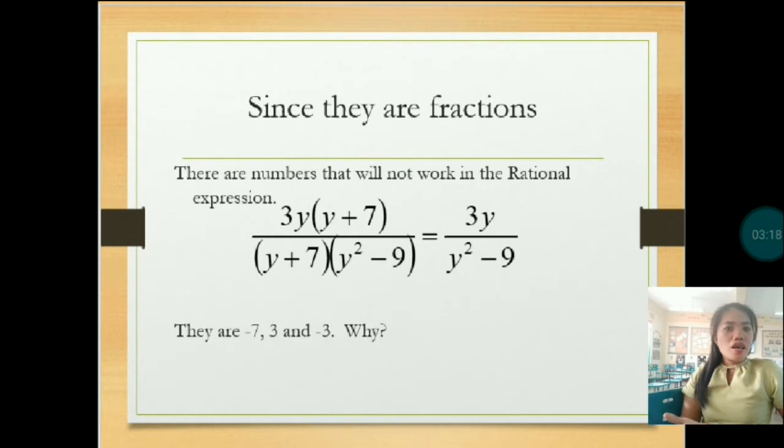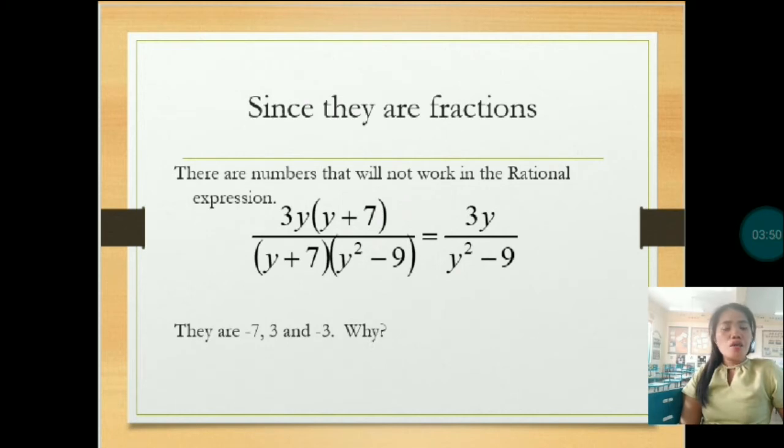It is said that these are numbers that will not work in this rational expression, and so they are called extraneous solutions, because the moment you substitute the values of y, such as negative 3, positive 3, and negative 7, into this original equation, it will make the original equation undefined.